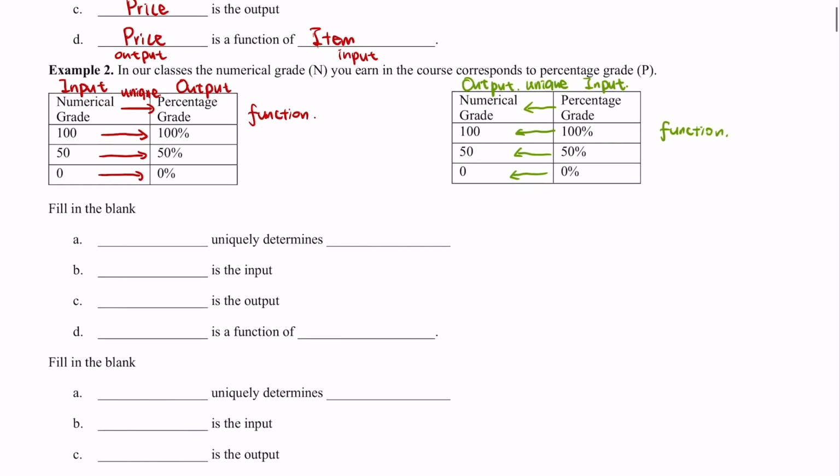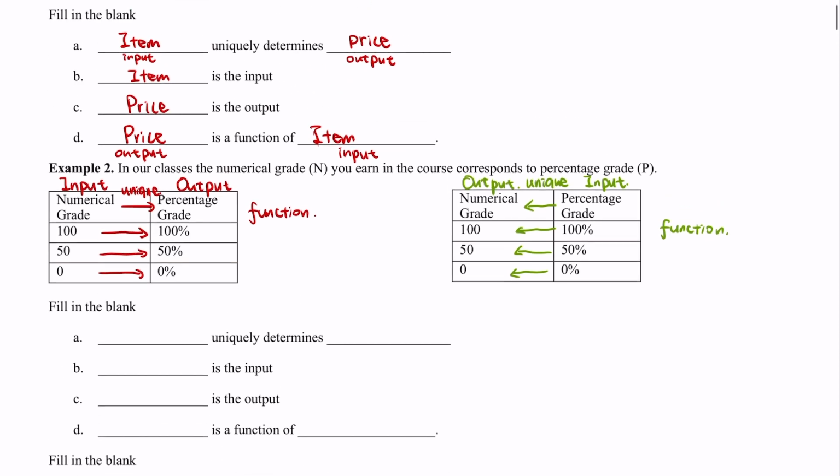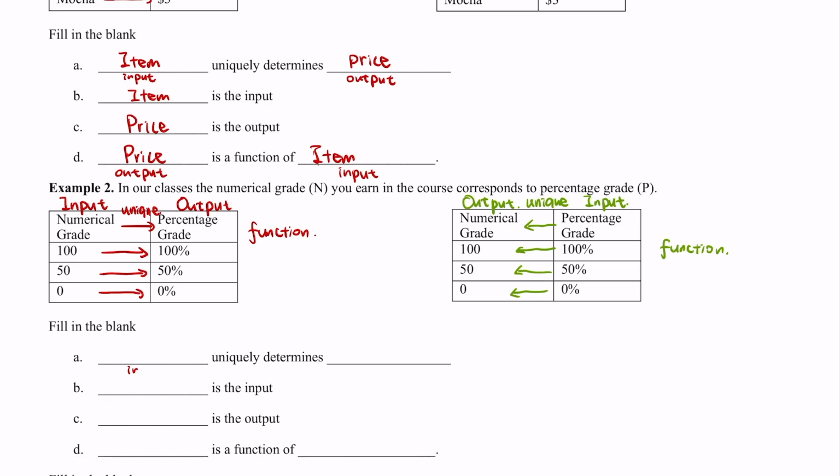Okay, so that's why in example 2, I have 2 parts, and I will use red color to do the first part. So again, the first blank, input uniquely determines the output. In the left side table, the input is the numerical grade, and the output is the percentage grade.